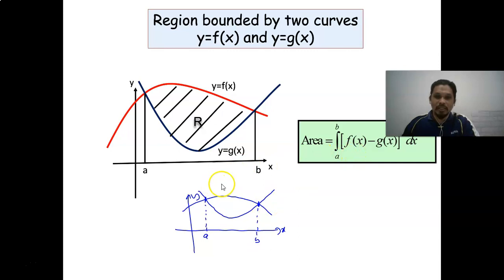Let's say this is f(x) and this is g(x). Now if we integrate the function f(x) from a to b, it gives us the whole area between f(x) and the x-axis.